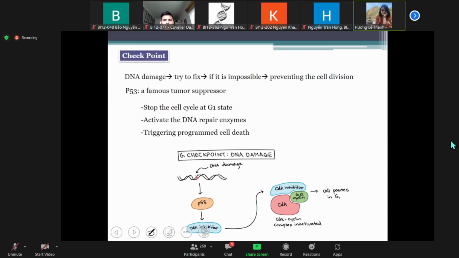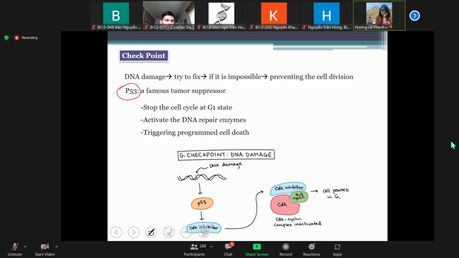In the checkpoints, we have some kinds of protein that we call the guardians of the checkpoints. And we have an example here, the P53. P53, we call them the famous tumor suppressor.